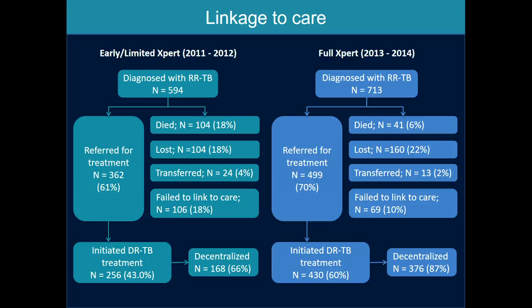Transfers were halved from 4% to 2%, and those that were referred to treatment that failed to link decreased from 18% to 10%. So in total here, those that initiated treatment increased from 43% to 60%. And here we also see an increase initiating at the decentralized site, up to 87%.